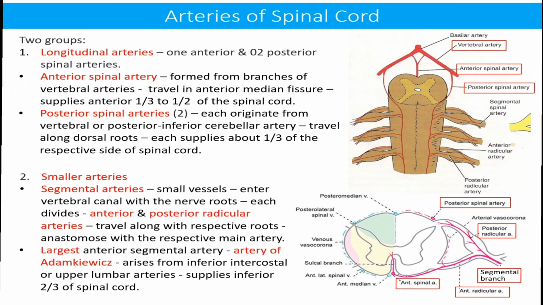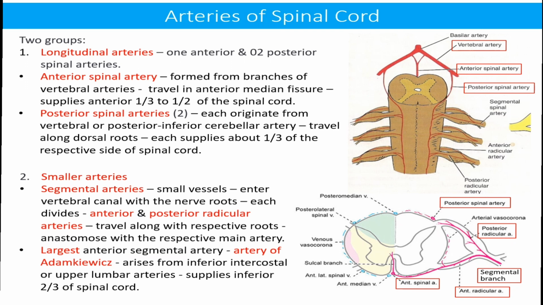Second group are the smaller arteries, which are actually the segmental arteries, small vessels which enter the vertebral canal with the nerve roots. Each of them divides into anterior and posterior radicular arteries, which travel along with the respective roots and anastomose with the respective main artery, that is anterior and posterior.